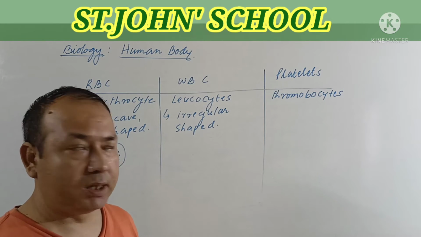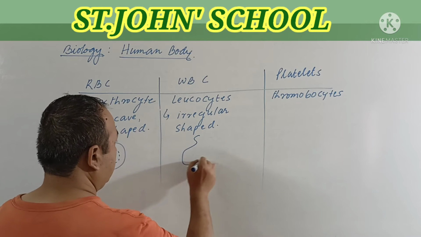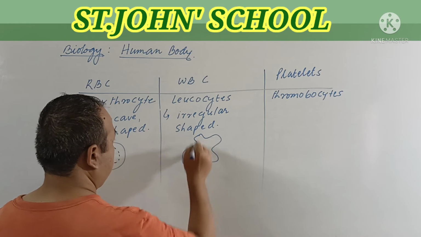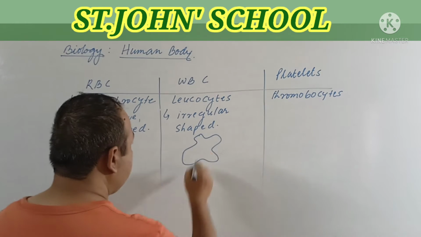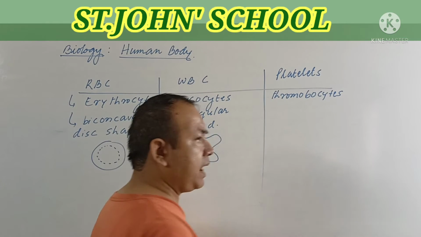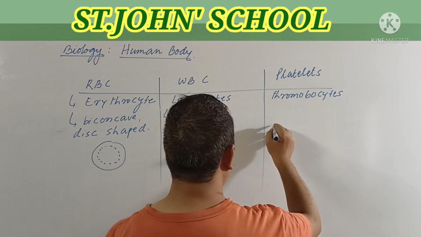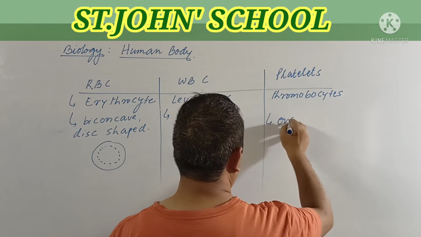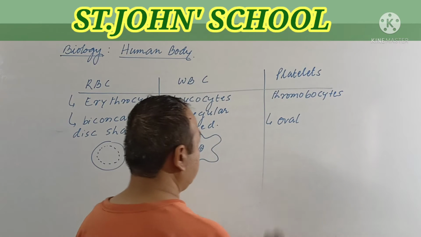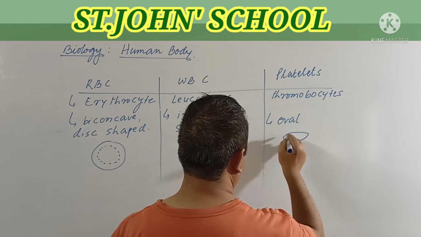Amoeba also doesn't have a definite shape. They can have any shape. And then next is thrombocytes. Thrombocytes can be spherical, ball-like, or can be oval, egg-like shape.